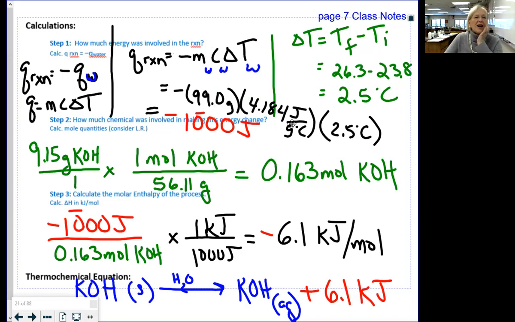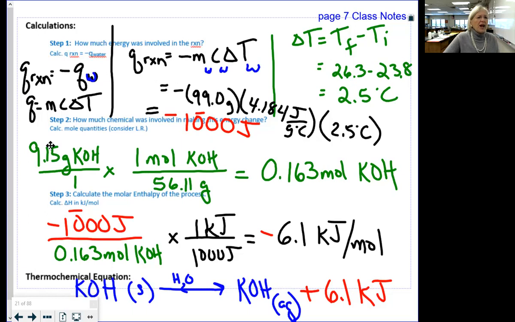Put in your numbers, and I have this interesting number of a negative 1,000 joules with 2 sig figs. Negative 1,000 joules is the answer of the Q of the reaction. That is a little bit of heat for just a little bit of KOH that was dissolved in water. How much KOH?